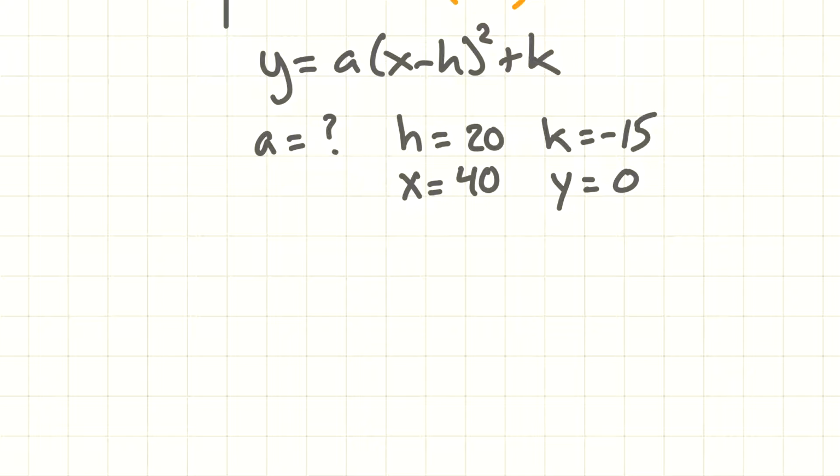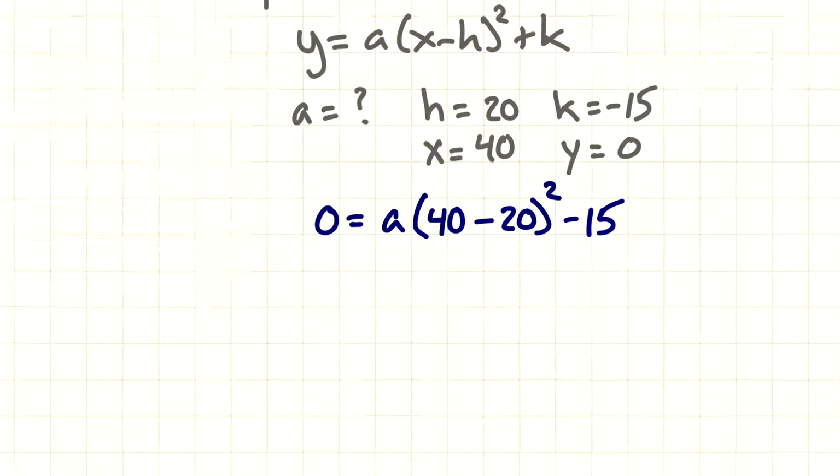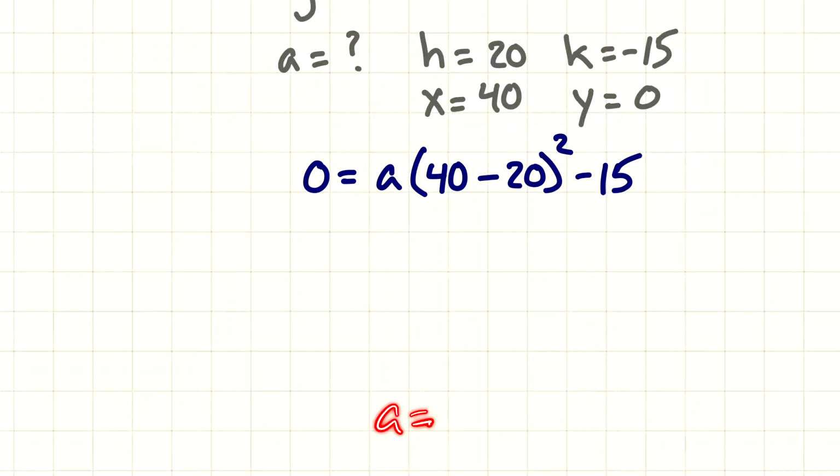If we plug in our numbers, I'm going to start with 0, because that's the y, equals a times x, which is 40, minus h, which is 20, squared, and then plus k, which is negative 15. Now I want you to solve for a. After you simplify this, what is it going to be? I'll give you a hint: it's most likely going to be a fraction.